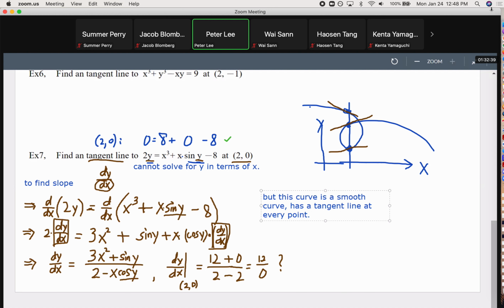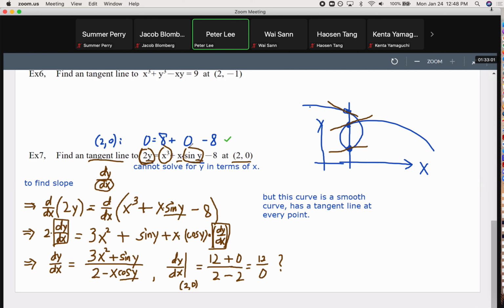How do I know that this is a smooth curve? Because when you look at all these expressions right here, 2y is smooth, y is changing very nicely, and x cubed is a polynomial. And 2y is also a polynomial. And x is a polynomial, and sine y is not a polynomial, but it's actually smooth.